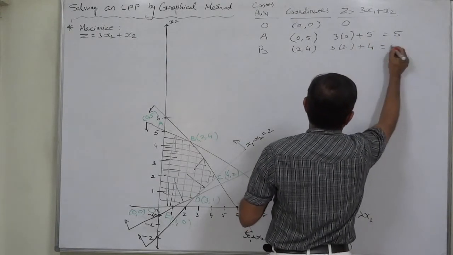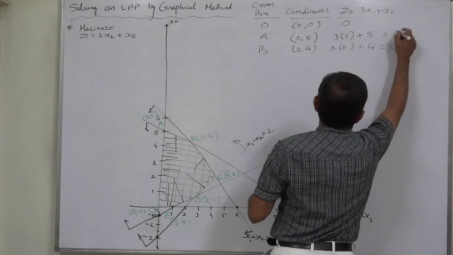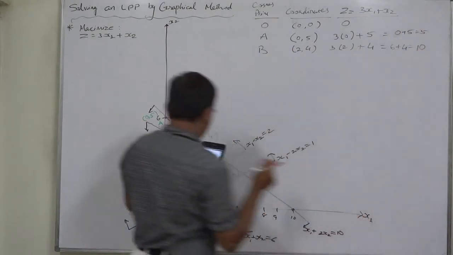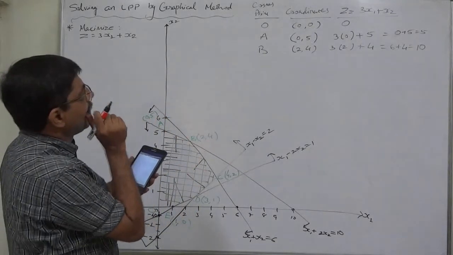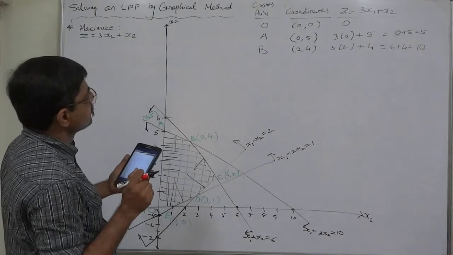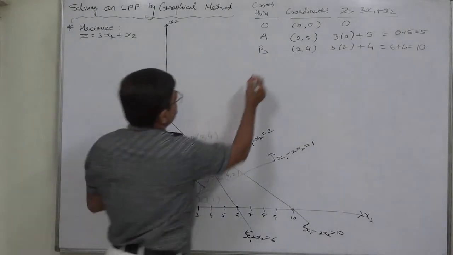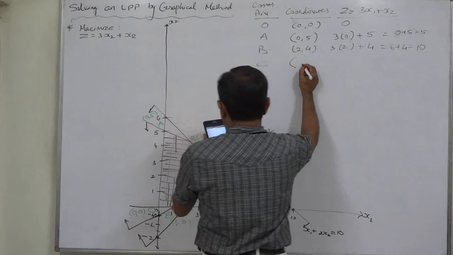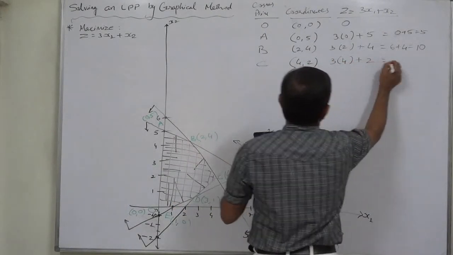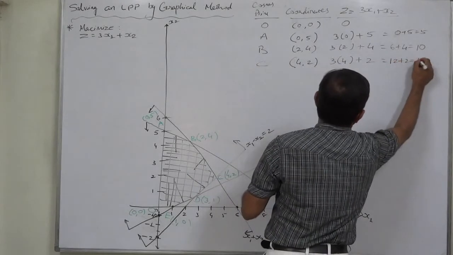So it is 6 plus 4, 10. At C it is 4, 2. 3 into 4 plus 2. 12 plus 2, 14.